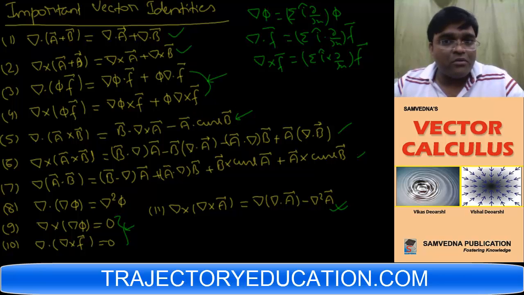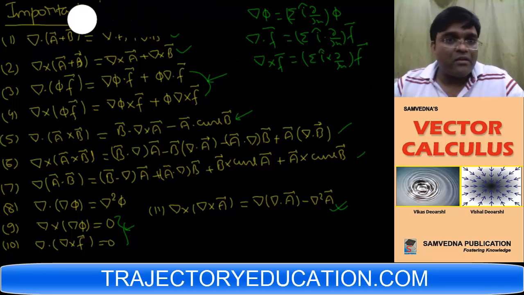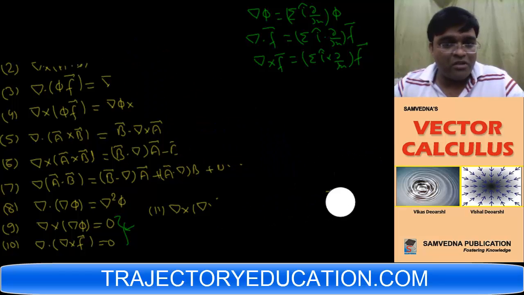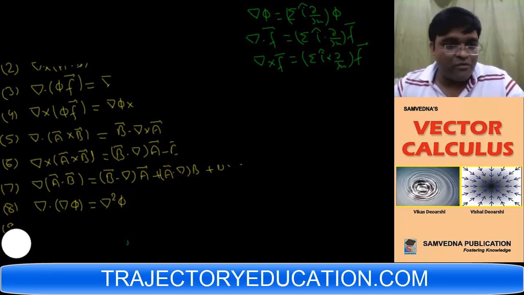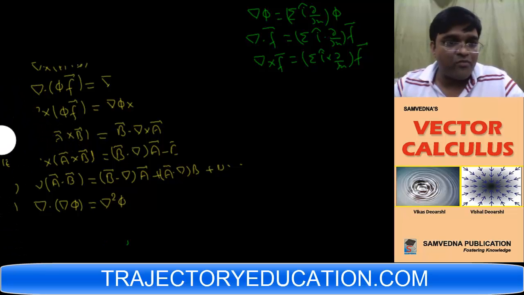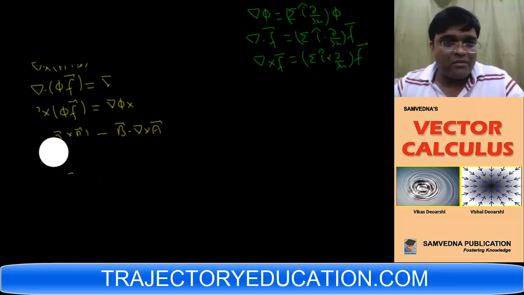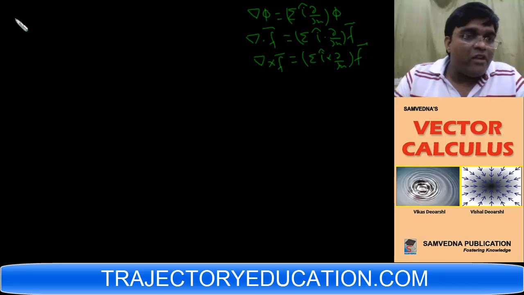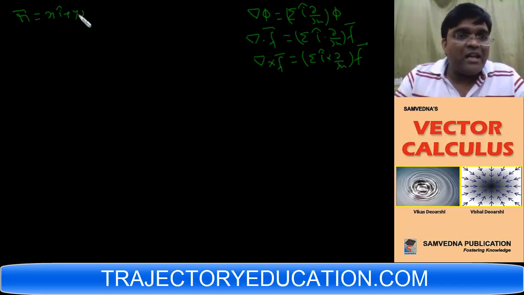But before solving the problems using this method, you must learn some important things which you must keep in mind. You can learn these identities also, but if you don't learn them, even then it's okay. So please learn something which will be very important while solving the problem. Wherever you are given r vector, it means x i, y j, z k.